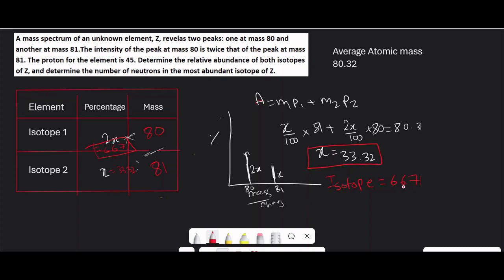We need to know the total atomic mass, and we know that the total atomic mass consists of proton plus neutron. Let me write it here, it'll be easier.